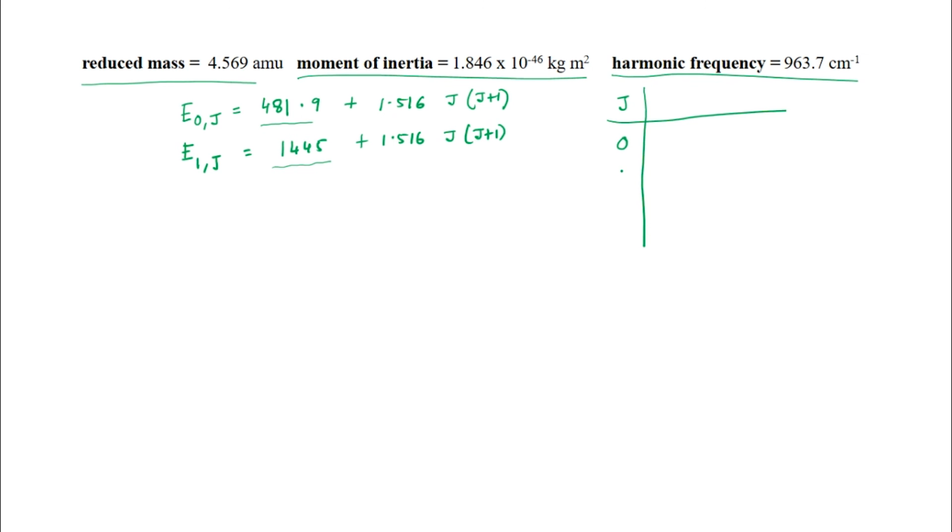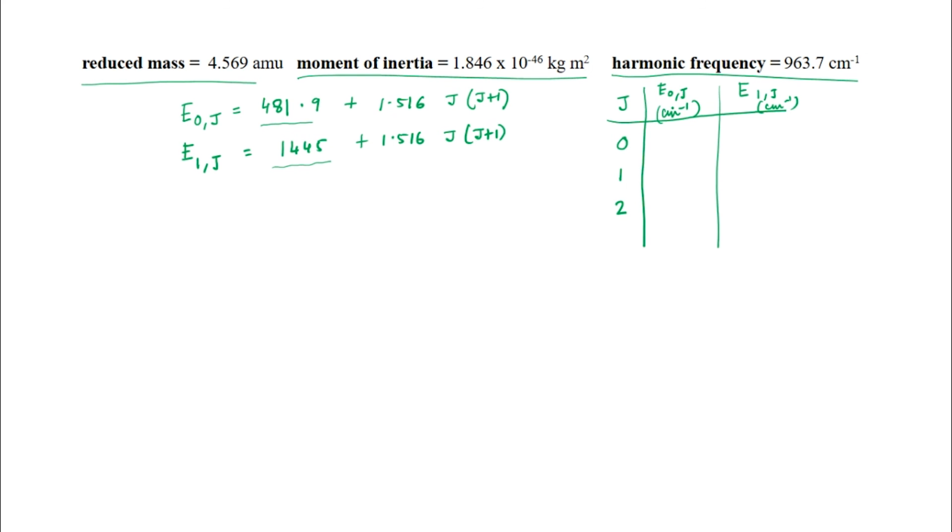So, j is 0, 1, 2, these are the first 3 j levels. So, here we will put E 0 j in centimeter inverse. That means, this is for V equals 0, and I will put in another column E 1 j in centimeter inverse, that is for V equals 1.